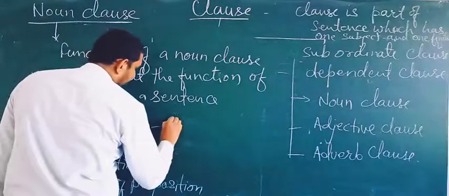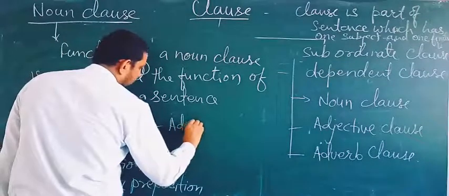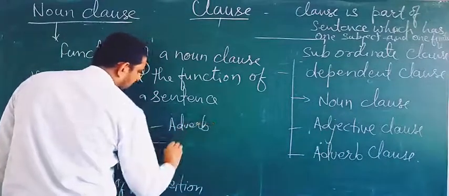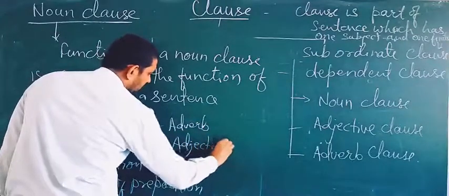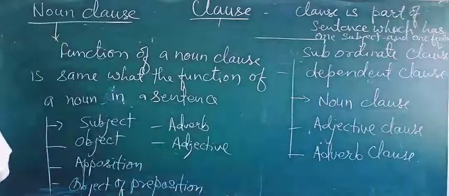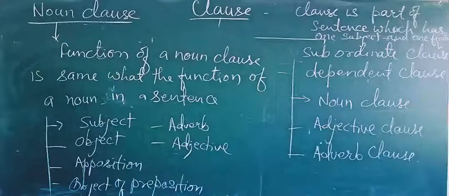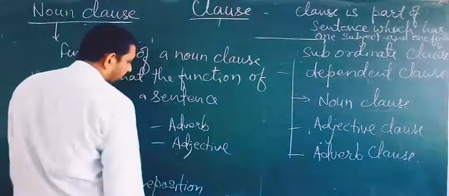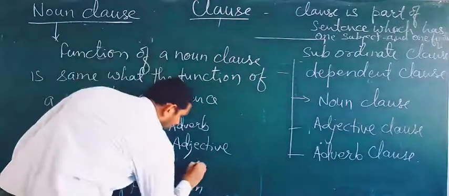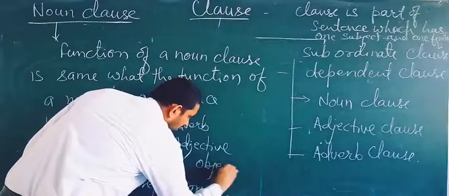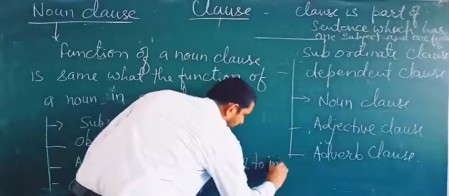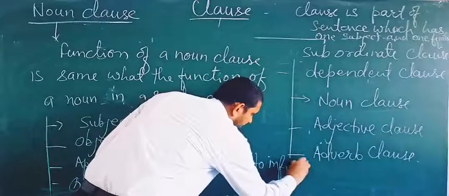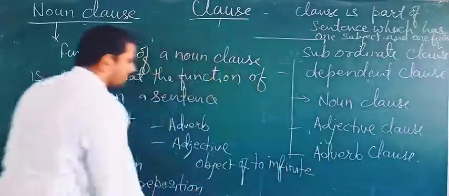A noun can also be used as an adverb, sometimes as an adjective, and sometimes it may be the object of a to-infinitive.